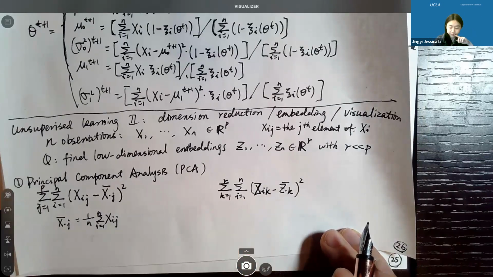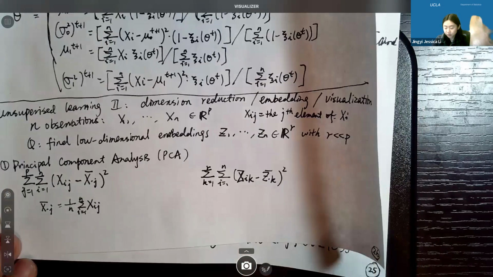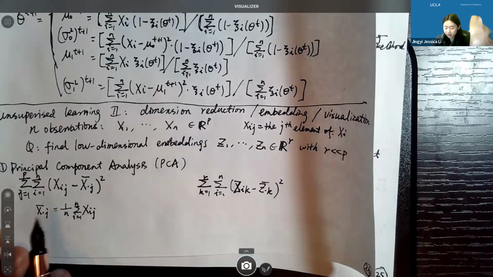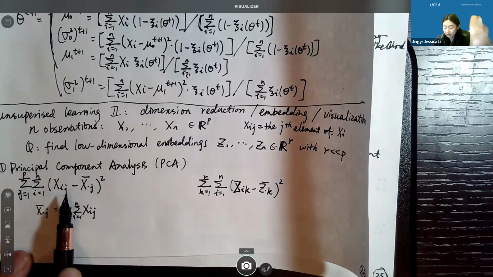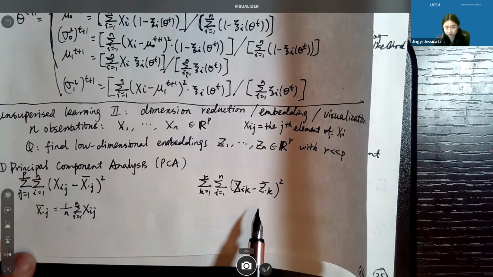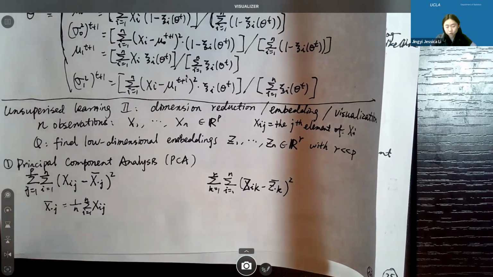So what we want to say is that for PCA, you can compute your variance in this way in the original data, and in the new data you compute the variance in this way. And what if your goal is to preserve the variance as much as possible, right?